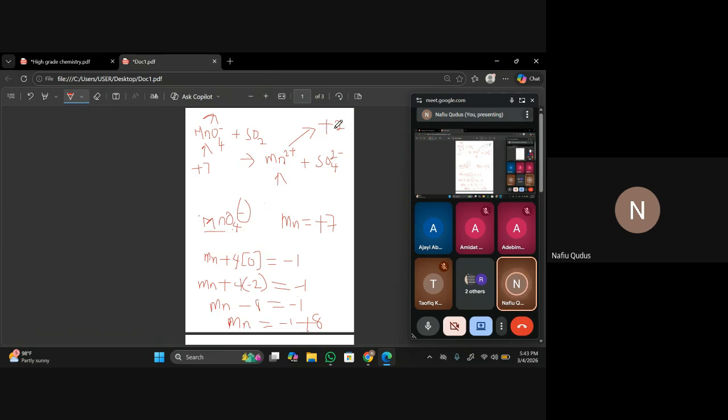So Mn in this case is +7 at the reactant side, and it is +2 at the product side. What has happened here? Does it increase or decrease? Decreases. What kind of reaction has occurred here now?